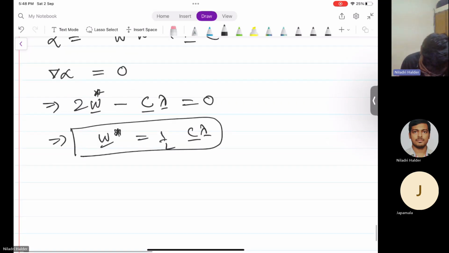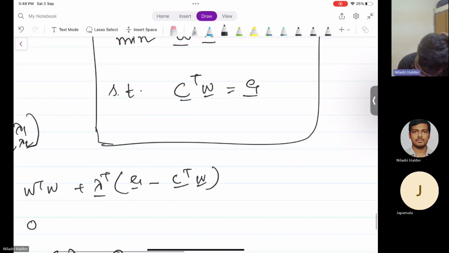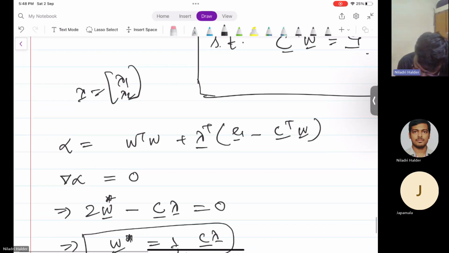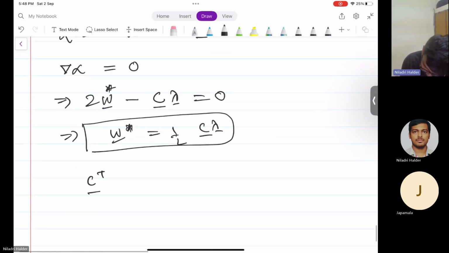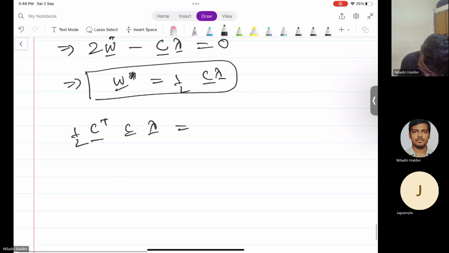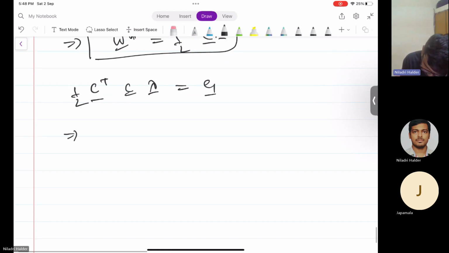Then put this into the constraint equation. We get C transpose W, that is C transpose C lambda times half, equal to E1. So then lambda is equal to 2 times C transpose C inverse E1.